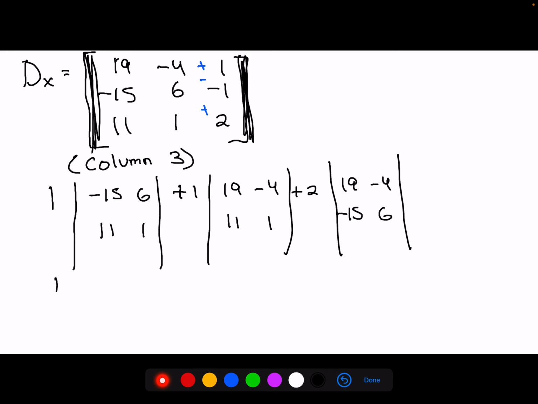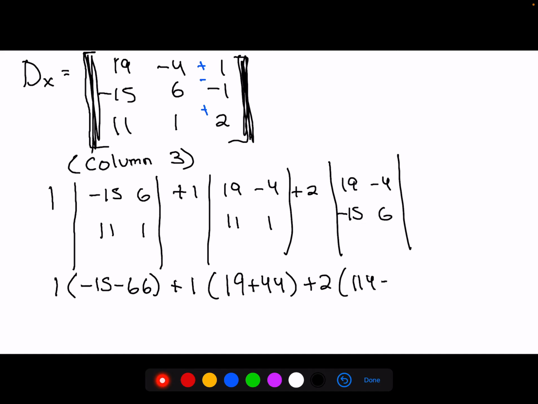So I've got 1 times -15 minus 66, plus 1 times 19 minus negative, so plus 44, and then plus 2 times 114 minus 60.